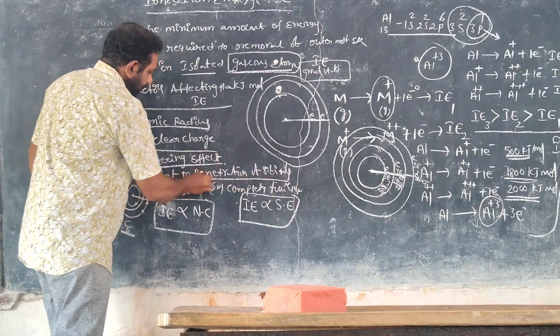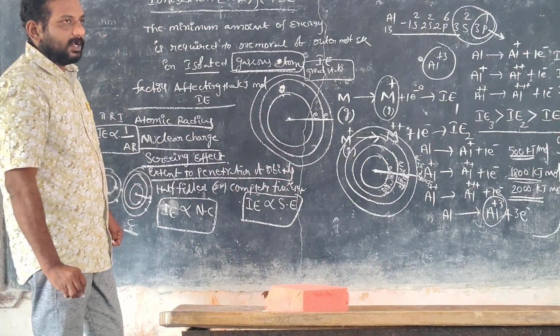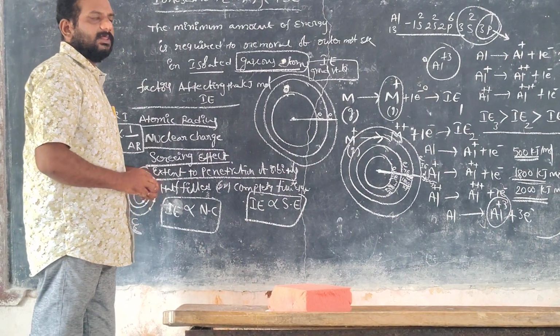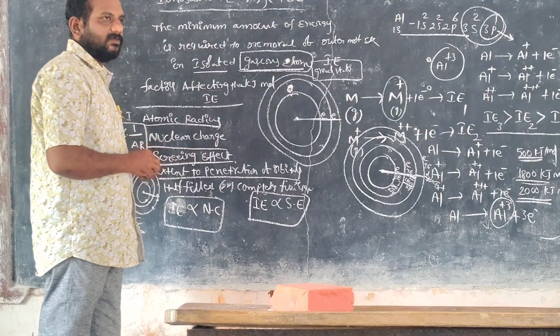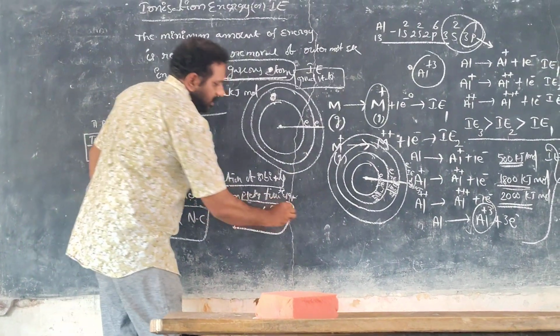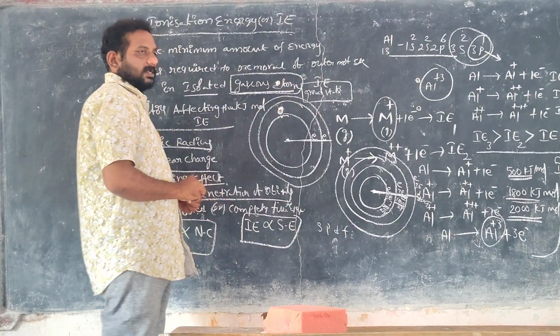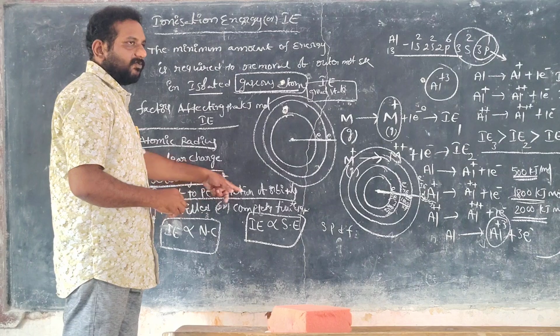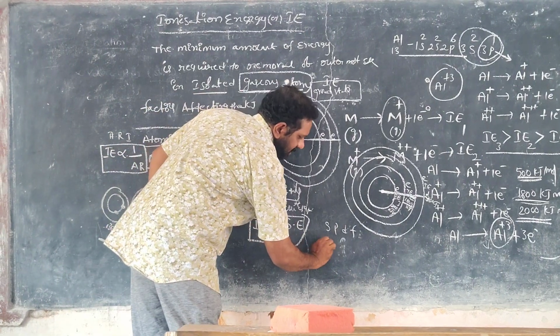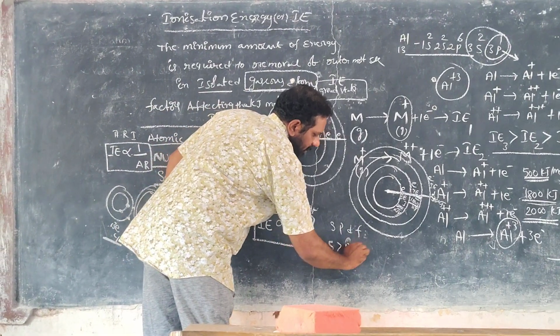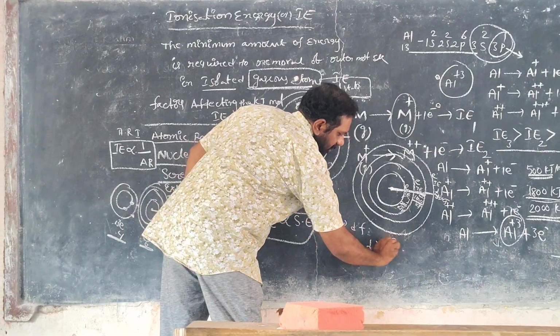Next one, extent of penetration of orbitals. There are 4 types of orbitals: s, p, d, and f. The penetrating order of the orbitals is s greater than p, p greater than d, d greater than f.